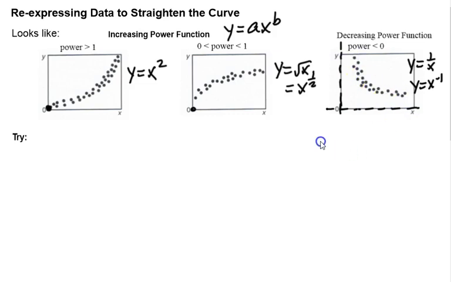Now, there are ways to undo a very specific type of curve. For example, if we had y equals x squared, a way to linearize that would just be to make y smaller in relation to x. So instead of having x related to y, we could have x related to the square root of y.